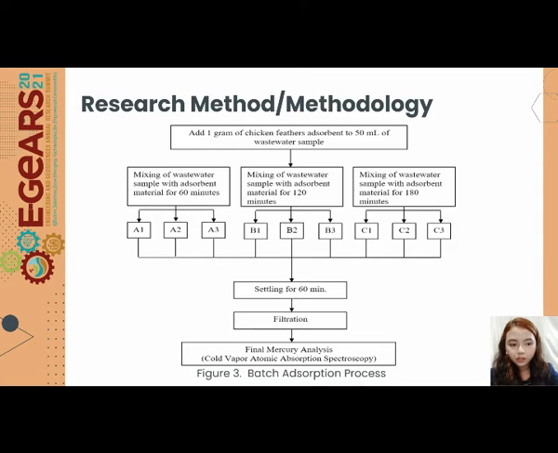The system was stirred adequately on a magnetic stirrer at 200 RPM during observed contact times of 60 minutes, 120 minutes, and 180 minutes respectively. Following that, Whatman 125 mm filter paper was used to separate the two phases. The treated wastewater was carefully stored in specimen bottles before being sent for final mercury concentration analysis.